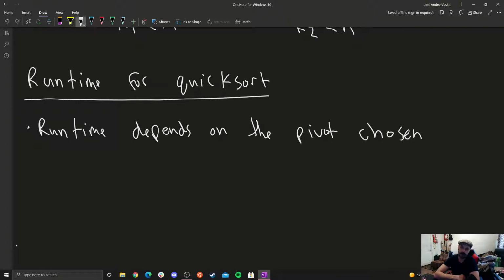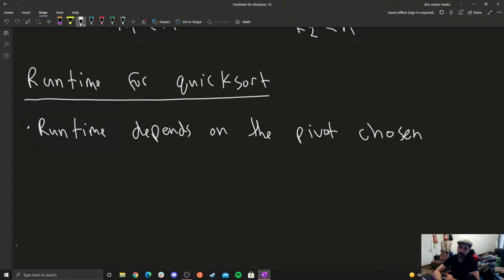Either way, we are going to go into the worst case analysis, but you want to know, if a good pivot is chosen, what's the most number of steps it will take, and if a bad pivot is chosen, what's the most number of steps it will take. So we're going to go over this big O, big theta type thing.